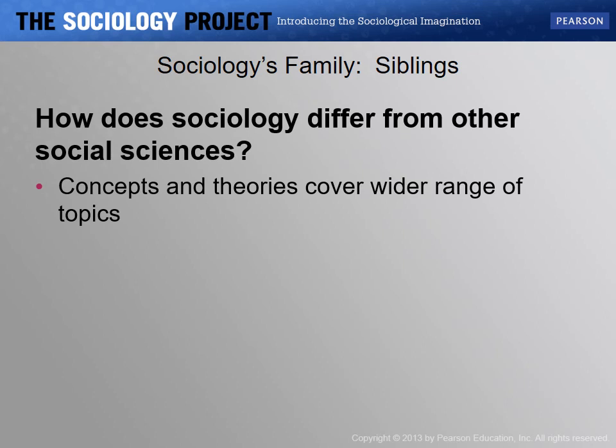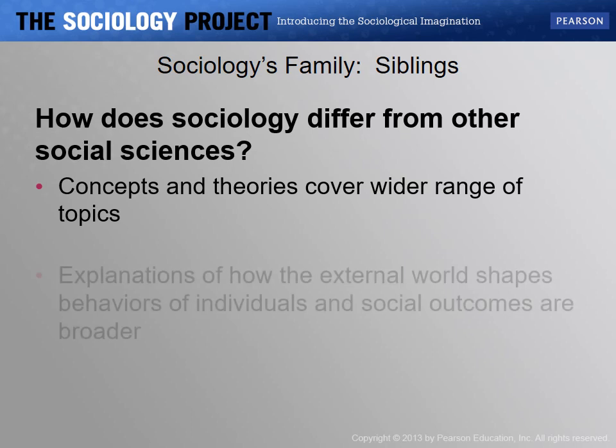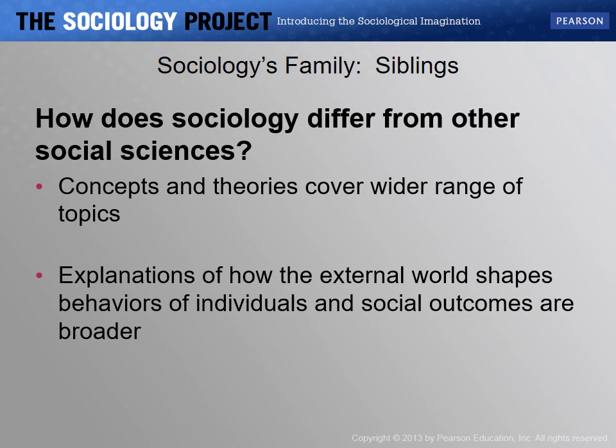Do people in different social groups, for example, have the same or adequate medical care? It explains how the external world shapes behavior of individuals and how social outcomes are broader. So we're changing our lens from the individual, which is psychology, to the lens of groups, which is sociology.